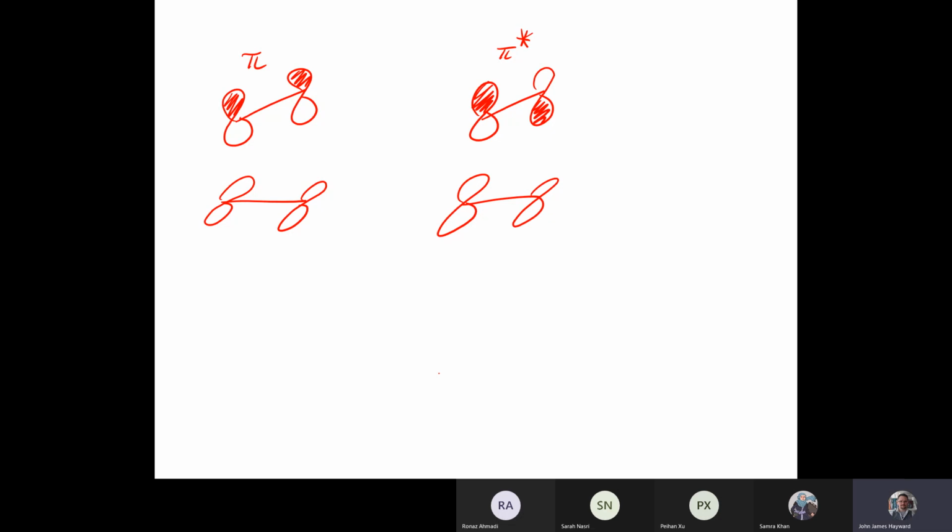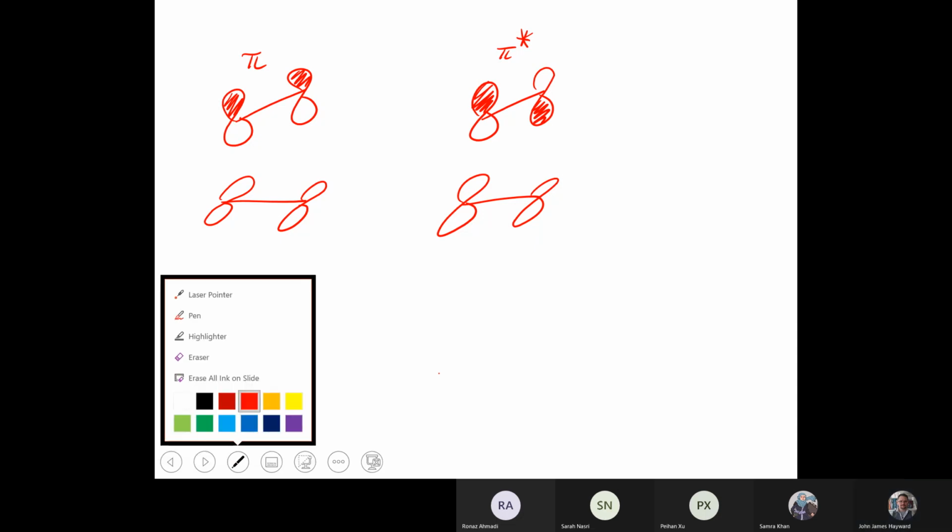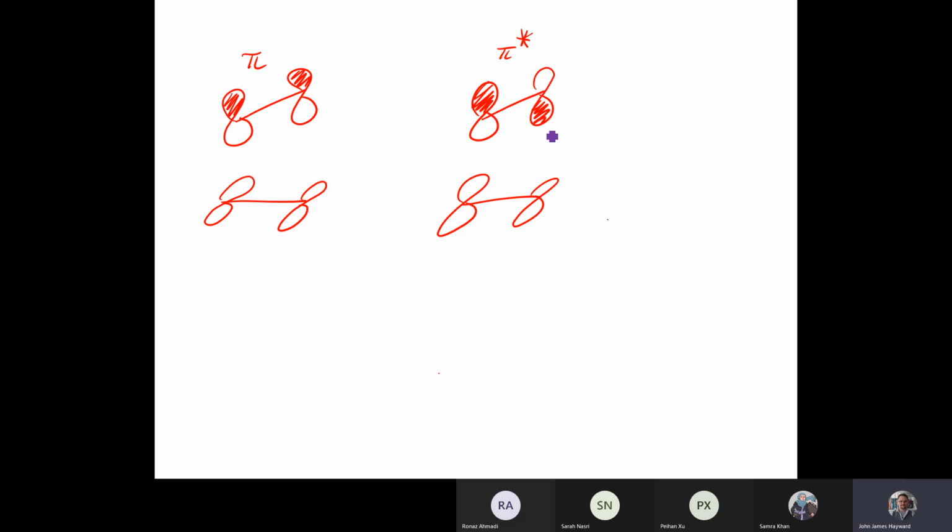Okay, so in order for these two to react with each other properly, the pi star is going to need to interact. And remember that what I showed you was them interacting on opposite sides. I'm going to go purple now. So this interacted here, and this one interacted over here. Okay, and the same thing happened here and here.